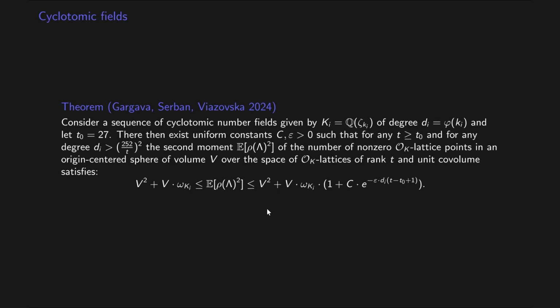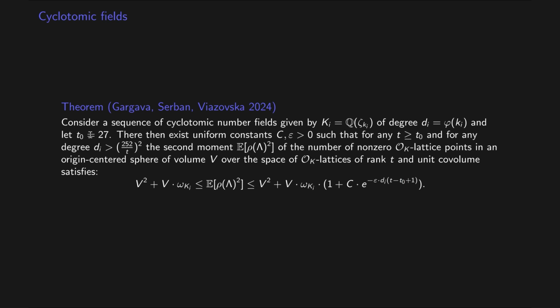And so, for example, on our journey of doing this, we were able to prove the following result for cyclotomic number fields. So if we have a sequence of cyclotomic number fields, and we fix the rank of our OK modules to be at least 27.